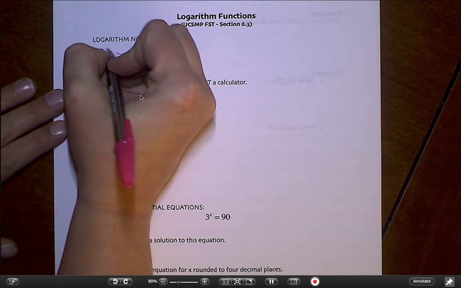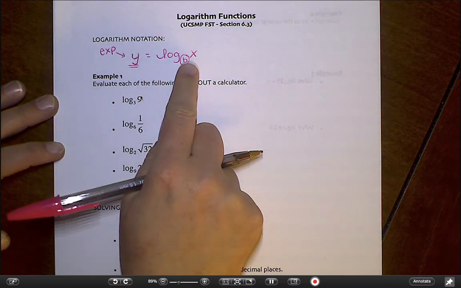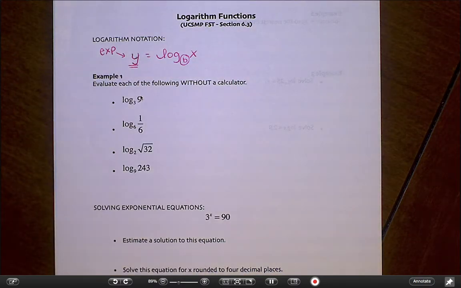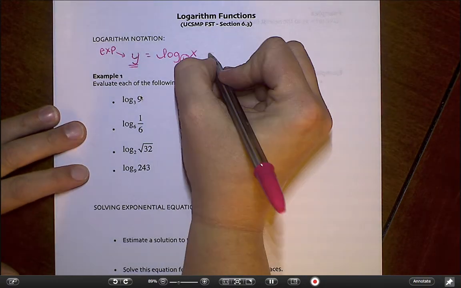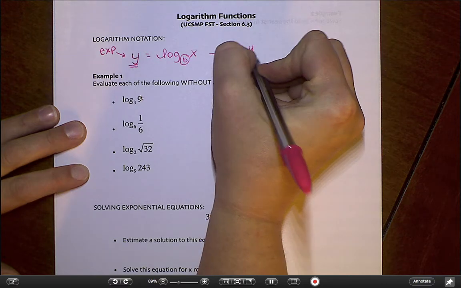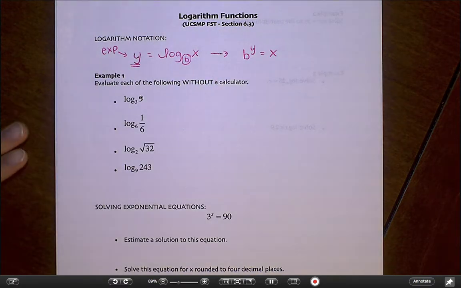In fact, the quicker you can wrap your head around the fact that anytime you're finding a log of a number, you're really just finding an exponent, the more common sense logs will become, okay? So really what this is saying is if I take b and raise it to the power of y, it will give me x, okay?